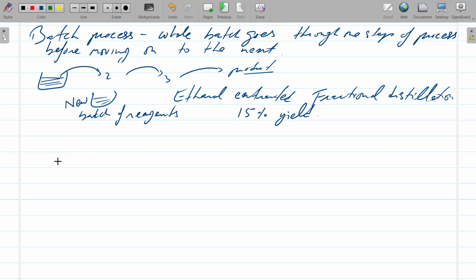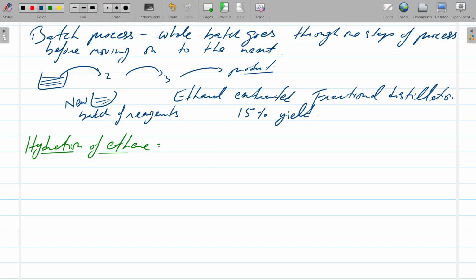Okay, the other way of obtaining ethanol is the hydration of ethene, and I believe we've done this when we were talking about alkenes. Remember? So ethene is an unsaturated hydrocarbon, right?